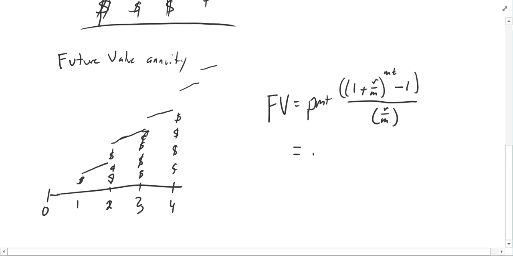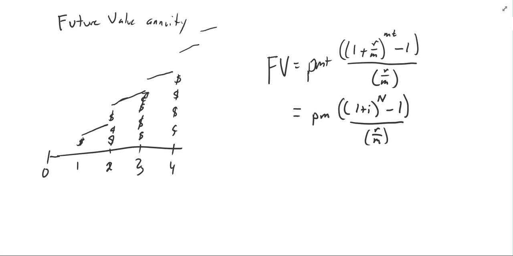A lot of textbooks will simplify this formula. They'll make you calculate the r over m first. They'll call it i, and they'll find big N, which is m times t. It's the total number of payments: the number of payments per year times the number of years. And to get this into your calculator correctly, when you write it out by hand, you don't need that extra set of parentheses, but you need an extra set of parentheses around the entire top and around the entire bottom, because you want to do all those calculations on top first before you do the division by the other ones.